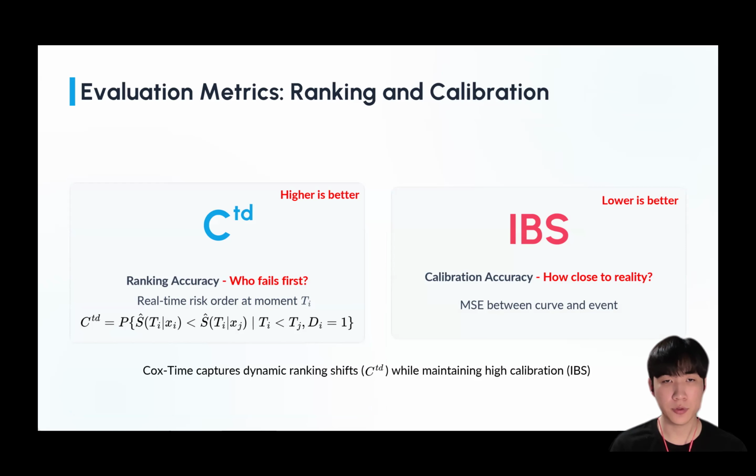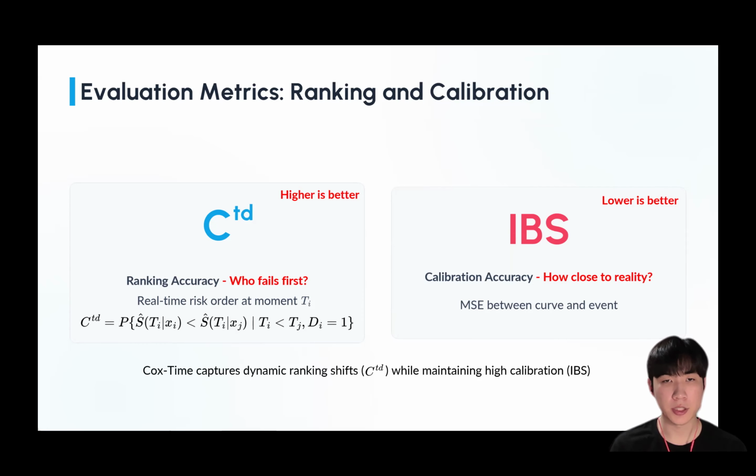Next, we have two key metrics to evaluate our model. Since Cox-Time is dynamic, we need time-dependent metrics. First, CTD measures real-time ranking accuracy. It checks if the model correctly assigns lower survival probabilities to those who actually experienced an event at a specific time.